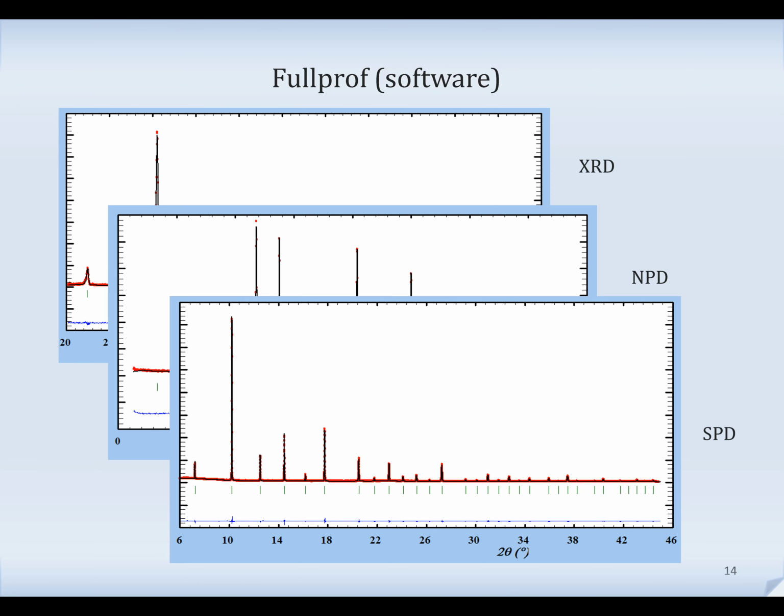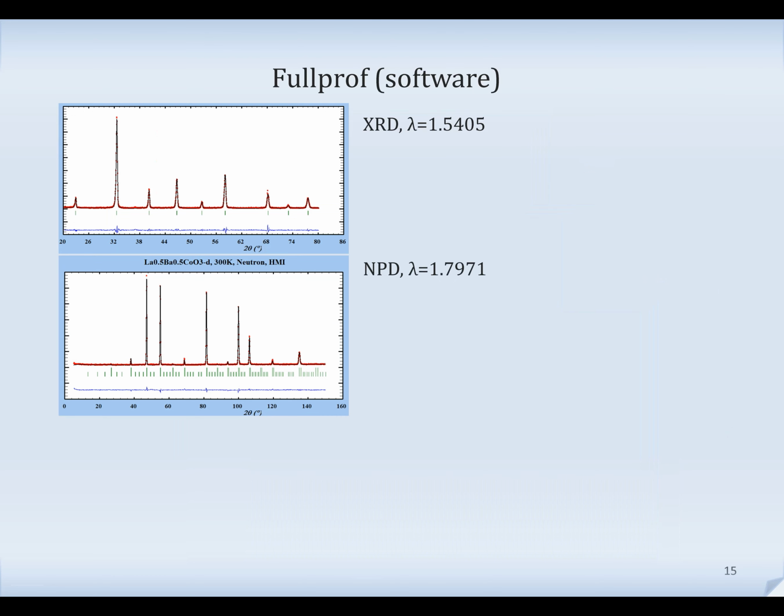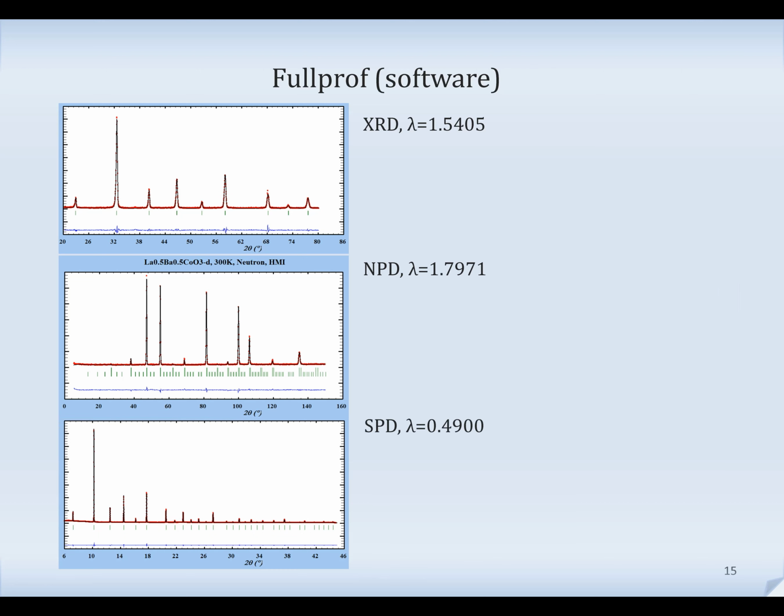So what we have here are three patterns, with different radiation and different wavelengths, and they look completely different, with different positions in two-theta geometry, the angle.